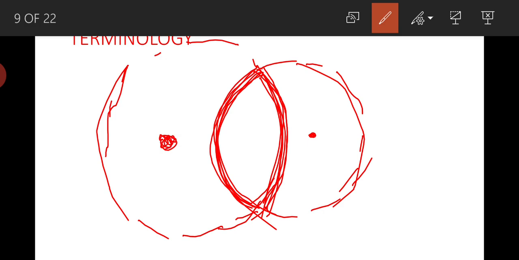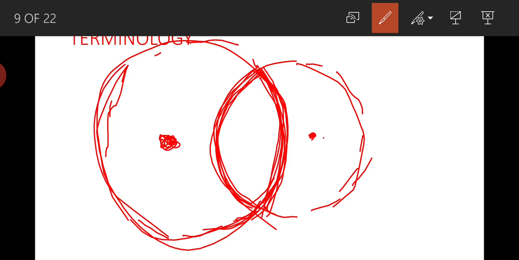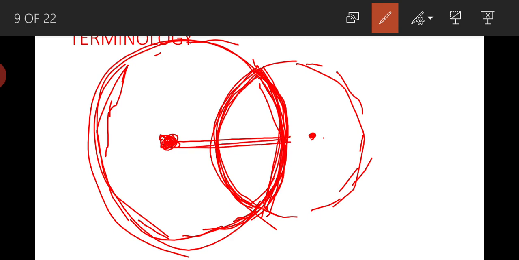So for a convex lens, since there are two spherical surfaces, there will be two centers of curvature. This is the center of curvature and this is the circle, and part of this circle acts as the spherical surface of the lens. The distance from the center to the spherical surface is nothing but the radius.